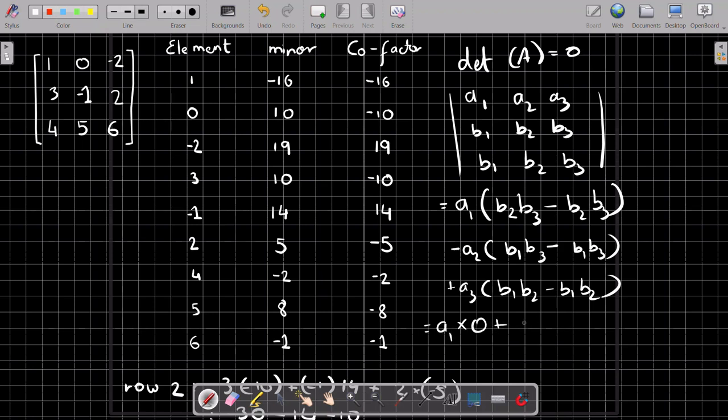So it will be A1 into 0 plus A2 into 0 plus A3 into 0.